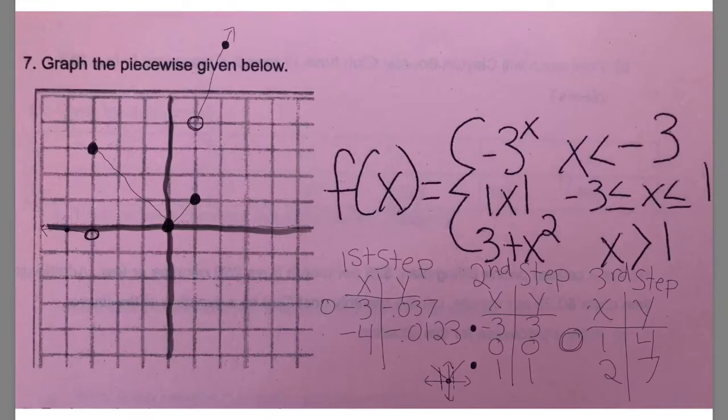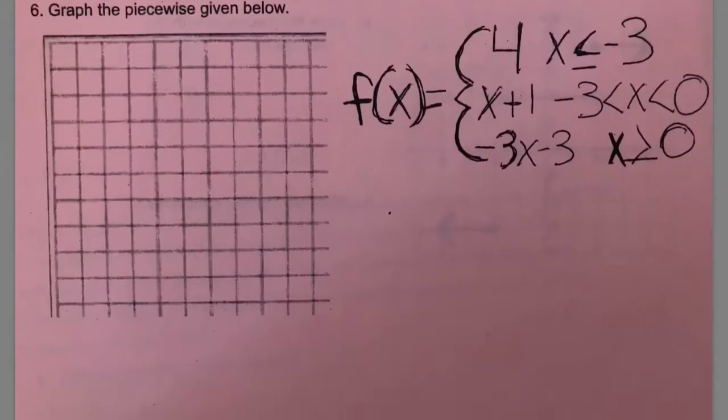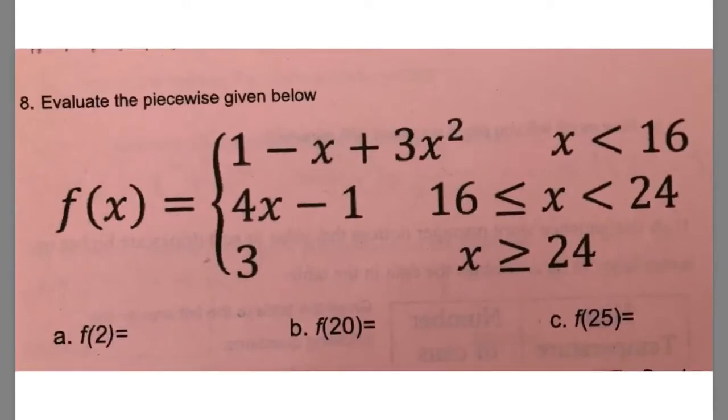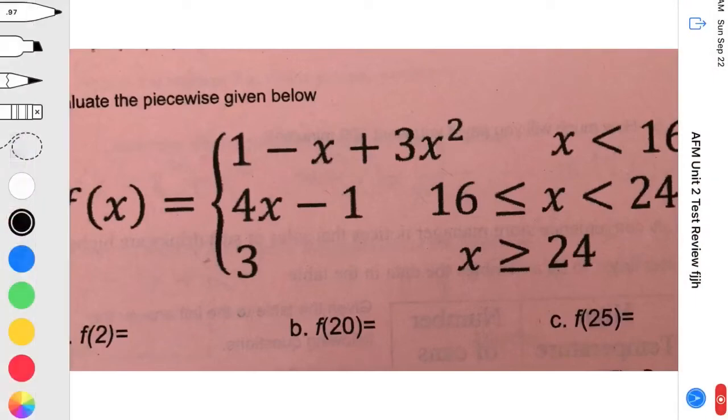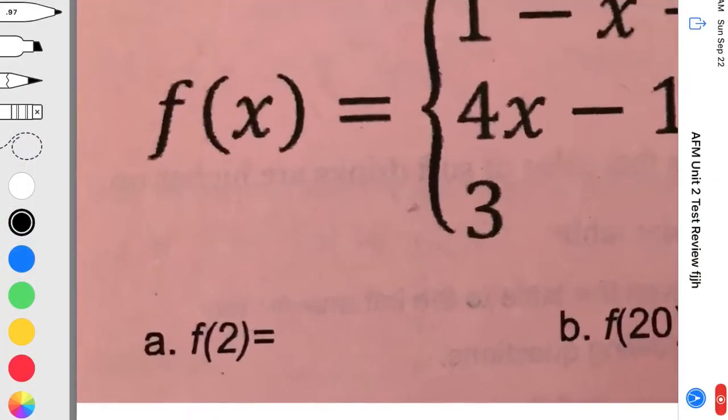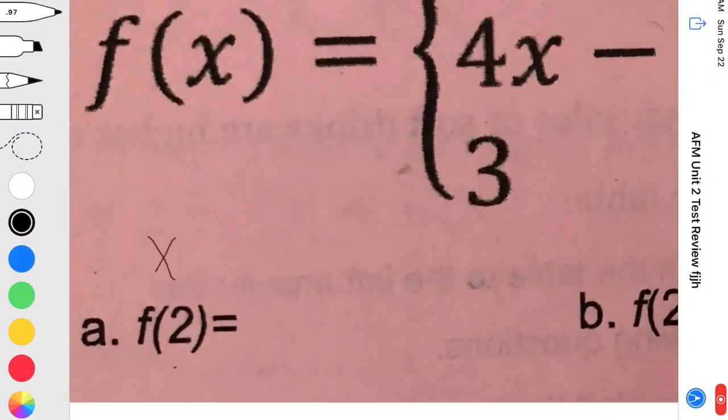Alright, so for number 8, we have to evaluate our piecewise. So we're given 3 different values. All of these, f of 2, f of 20, f of 25, is telling us what our x value is. So for number A, it is telling us that x equals 2.